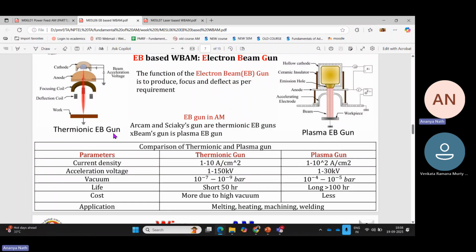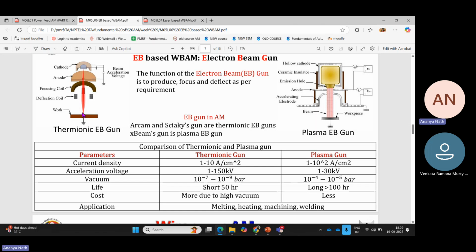Basically, instead of normal glass lenses, we use magnetic coils where an electromagnetic field is created in such a way that from both sides the electrons get repelled and try to accumulate at one spot, that is this red beam, and thus you can focus the beam on top of the substrate.